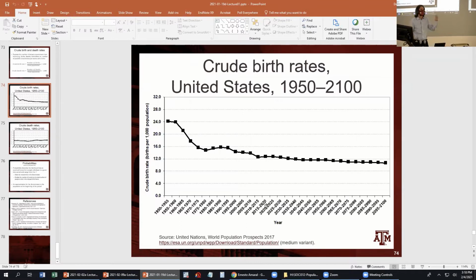So if that rate was 90, what does it mean? That for 100 people in working ages, we have 90 children. In this case, we are saying that for 1,000 people, this is the number of babies being born in the US at that time point. Is that clear?